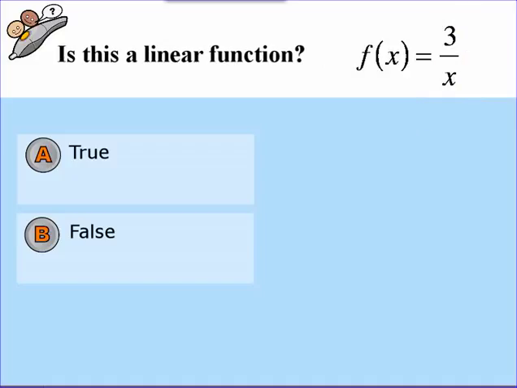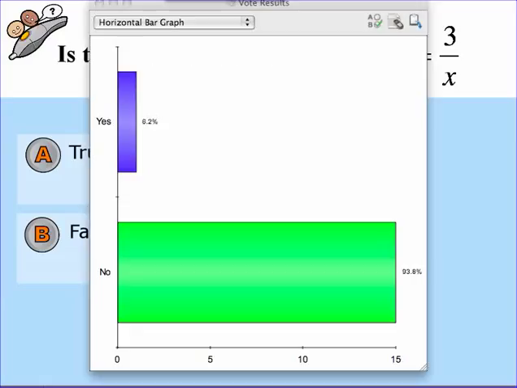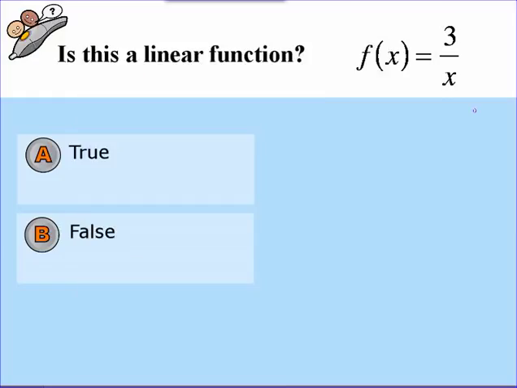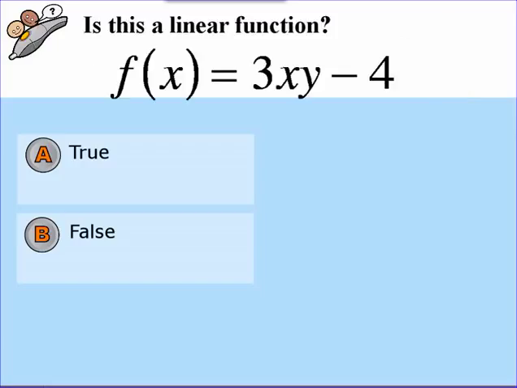Okay, what about this? Is that a linear function, yes or no? And the answer is no, good. Okay, why is it not a linear function? Because x is in the denominator, very good. Okay, so is this a linear function?